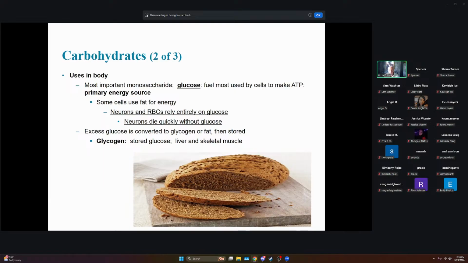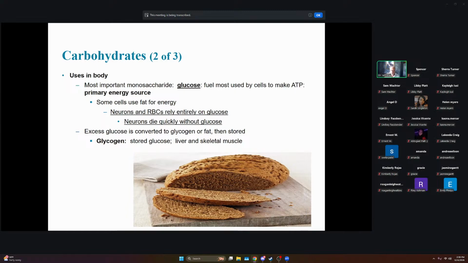Okay, so carbohydrates. The very first thing is that when carbohydrates are digested into their monosaccharide version, they're going to become glucose, okay? Glucose is our blood sugar. You hear of your blood sugar levels, right? If your blood sugar gets too high, you could be diabetic, and if your blood sugar is too low, you could be hypoglycemic.